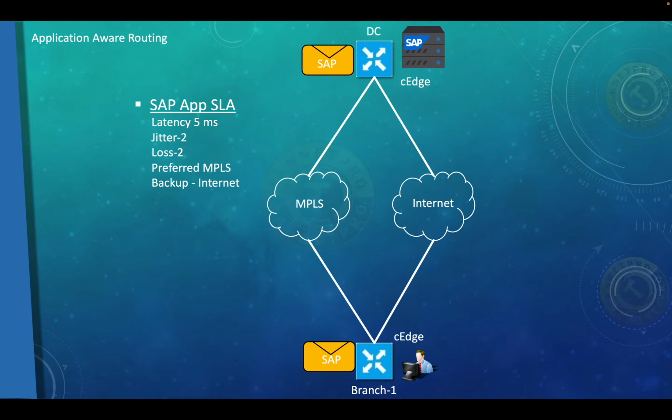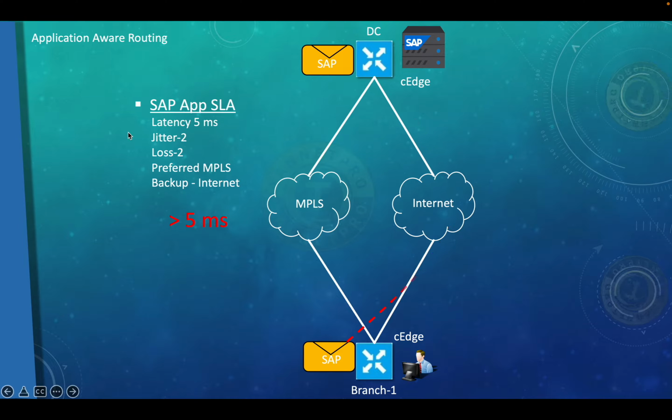If it is not matching the SLA which has been defined, it will take a different route. If your link violates the SLA, your SAP application will travel via your backup link. So this is how it works.